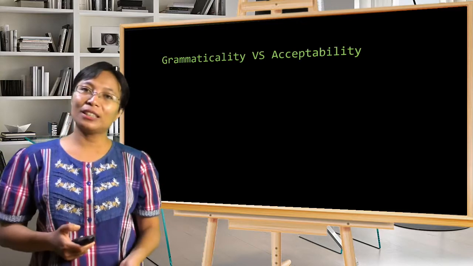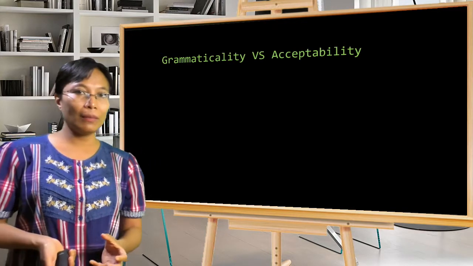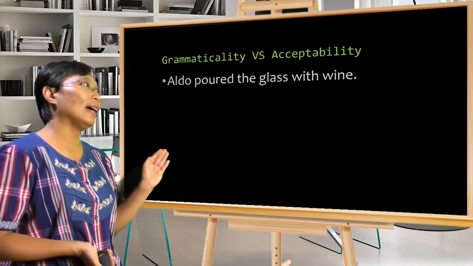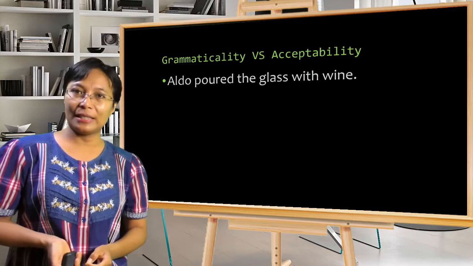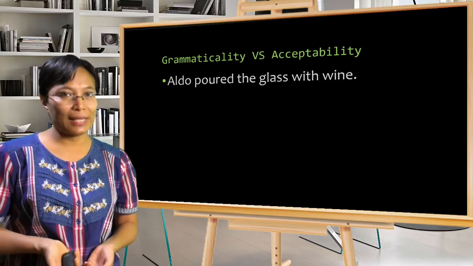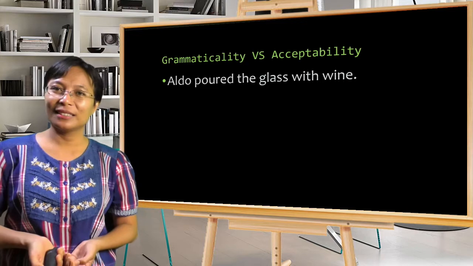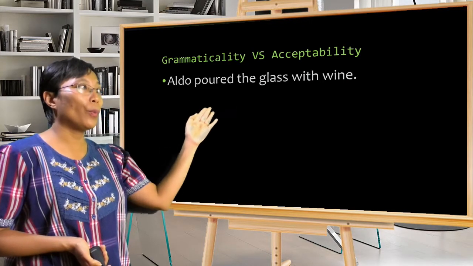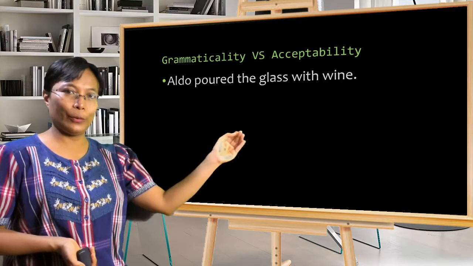Next, grammaticality and acceptability. Are they the same or different? Here I have a sentence, "Aldo poured the glass with wine." Is this sentence acceptable? Yes. Is it grammatical? Yes or no? What do you think about the verb pour? Pour will be followed by liquid, right?